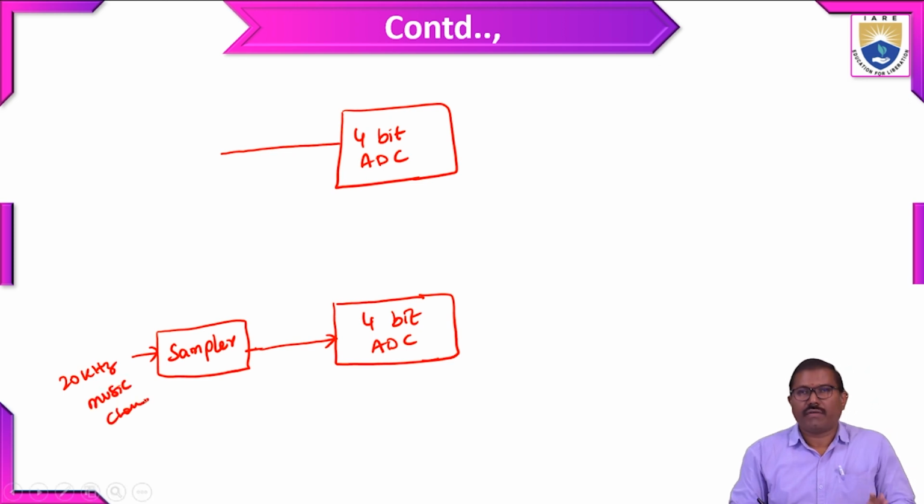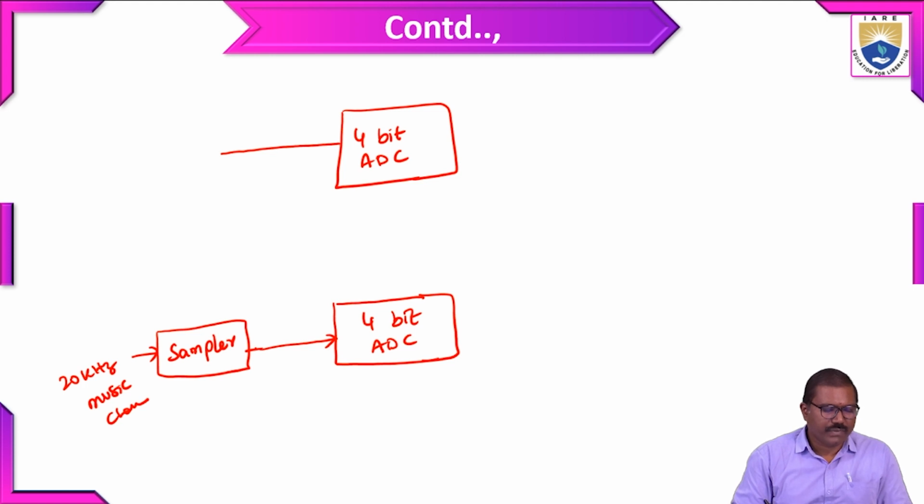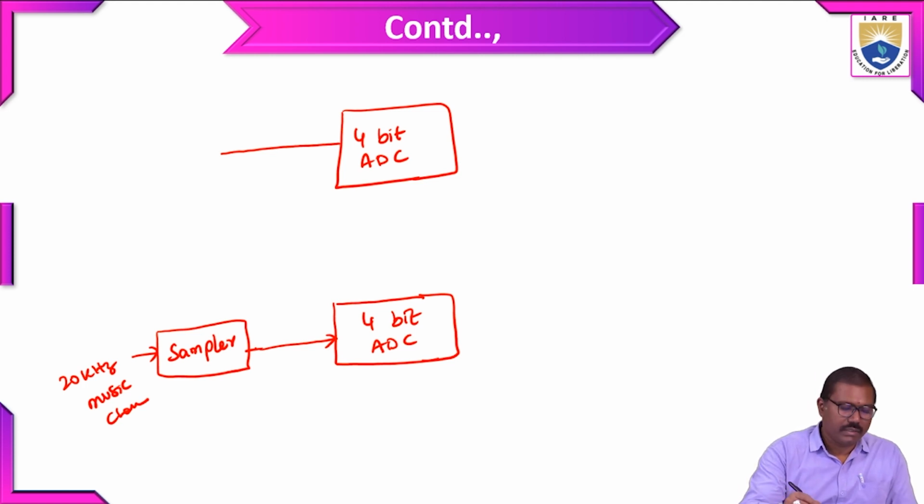So this one music channel is coming to the sampler and is going to be sampled at the rate of fs 40 kHz, and this 40 kHz signal is applied to the ADC. Okay, this is over. Now here we are going to take the commutator.